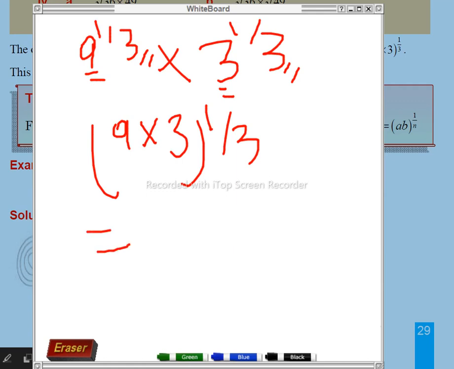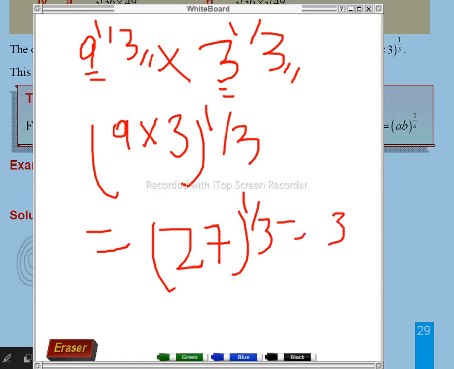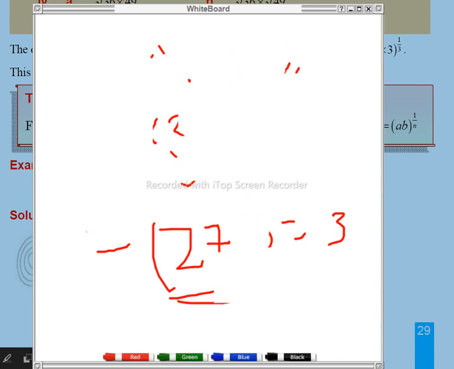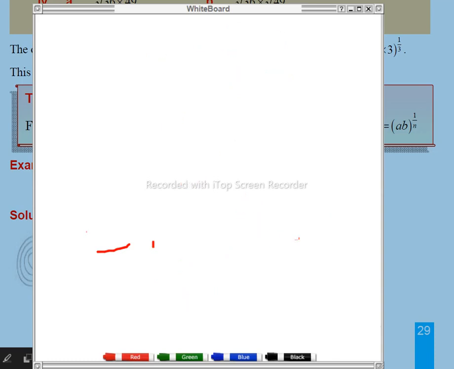When we multiply 9 times 3, we get 27 to the power of 1 over 3. So 27 to the power of 1 over 3 means it is 3, because 3 times 3 times 3 is equal to 27. This means the cube root of 27. So this is simplified like this. It is a very simple equation.